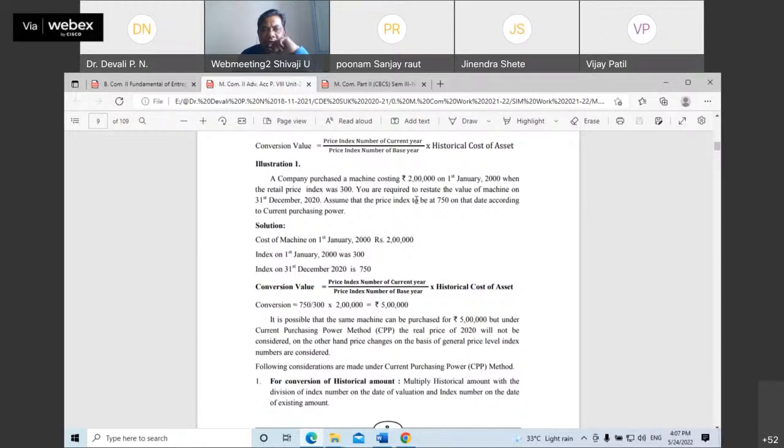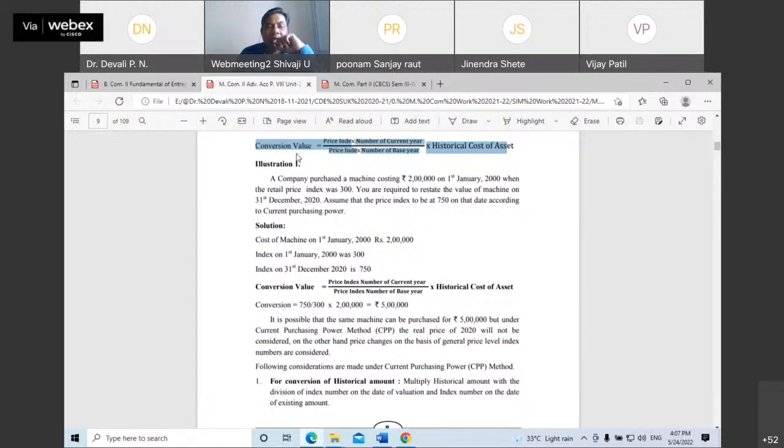And the current year is 31st December 2020, and the price index here is 750. Now we are going to use this to determine the value of the machine that we purchased on 1st January. So what will be the historical cost of the asset? Rupees 2 lakh.